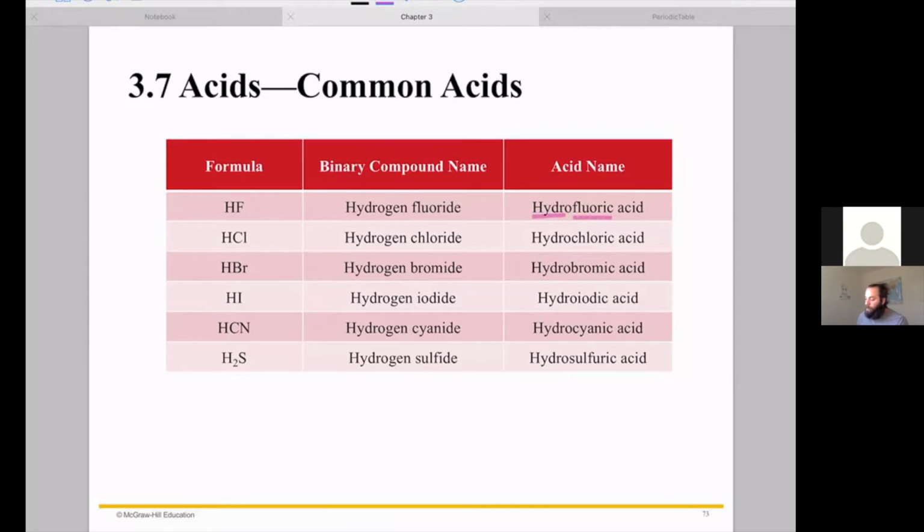Instead of fluoride, you replace that ide with an ic. So hydrofluoric acid, hydrochloric acid, not hydrogen chloride, hydrochloric. For hydrogen bromide, again, you take the hydro, and then instead of bromide, you replace that with ic.